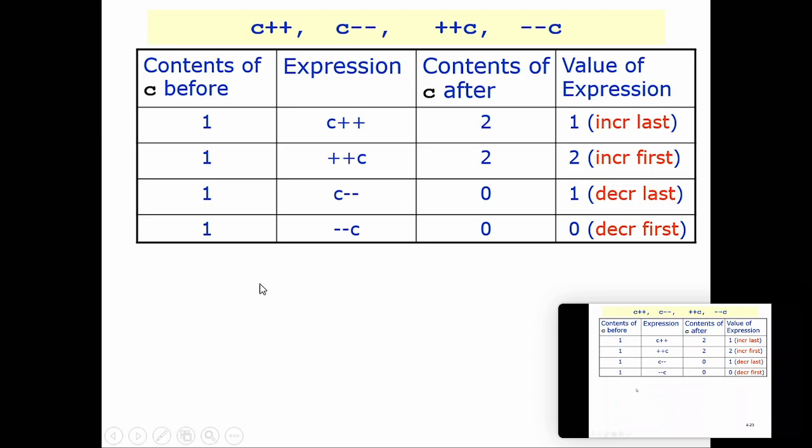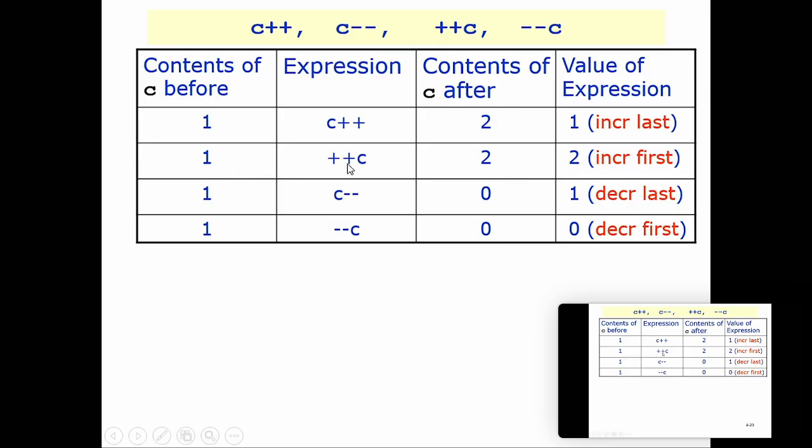Okay, then this is the table of this post and pre-increment and decrement. Let's say the initial value of C is 1 for all the case. If you have a C++, this is the post-increment, then after the operation, C becomes 2, but you're going to use original value, 1.